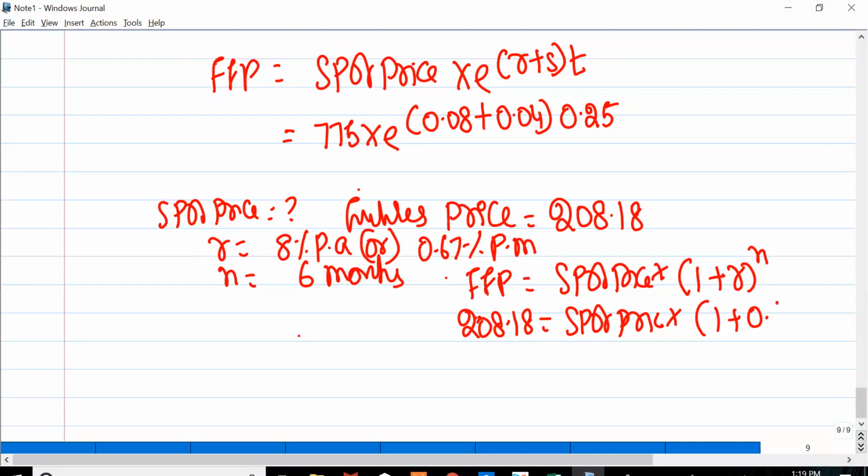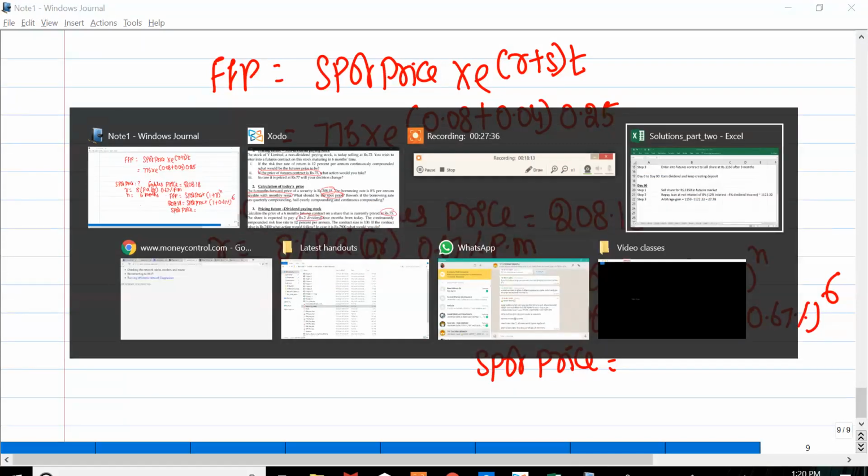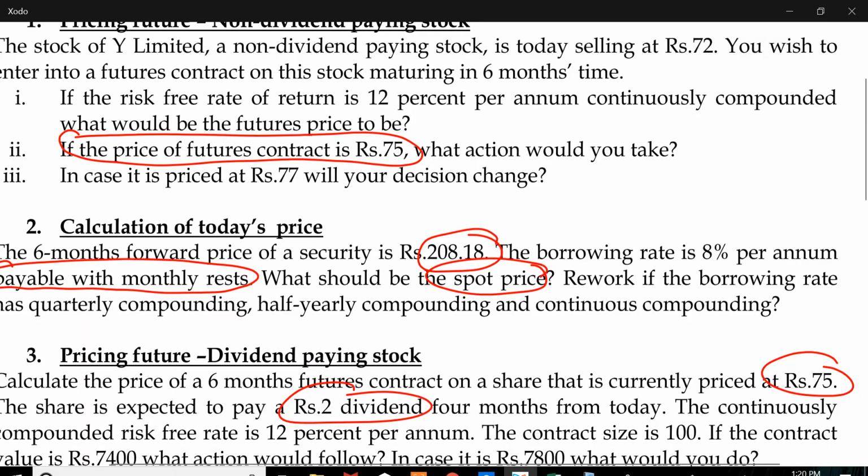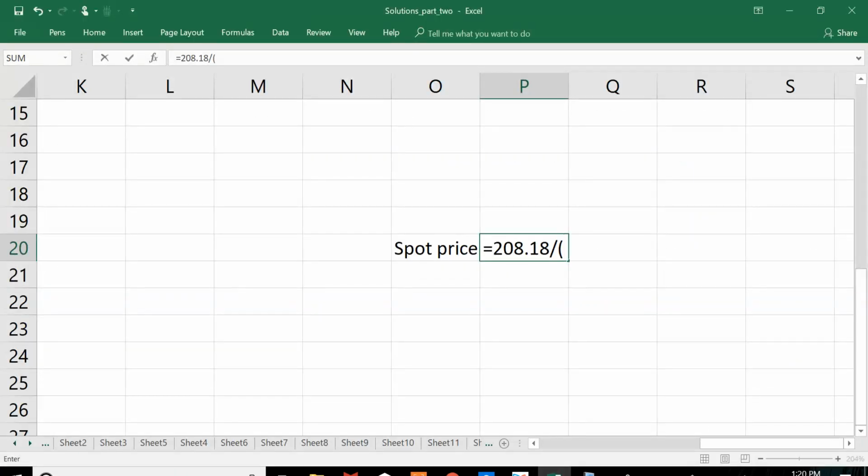It is 1 plus 0.67 percent, power 6. This is the number 200.04.